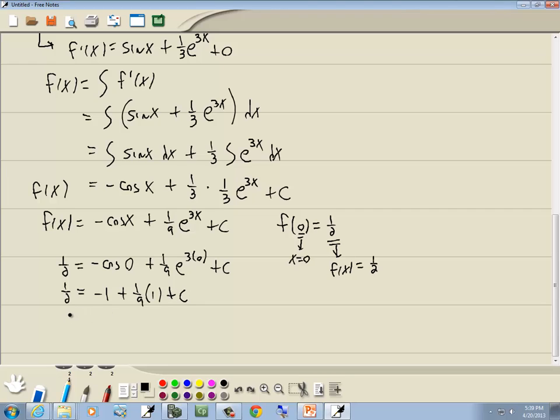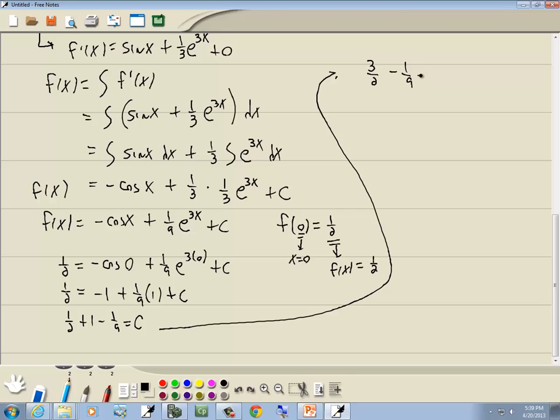Take those all over the left side, so we got 1/2 plus 1 minus 1/9 equals c. Which gives us 3/2 minus 1/9 equals c.